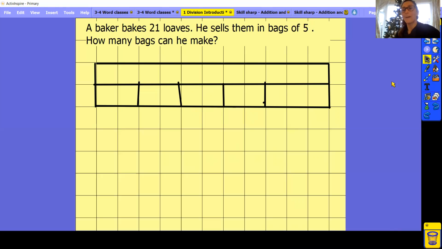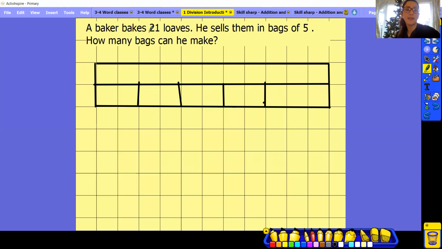Okie dokie, welcome back. So a baker bakes 21 loaves. He sells them in bags of 5. How many bags can he make? So we've got our whole, which is 21. And then he's going to share them by 5 equally, okay? So let's do our number sentence.